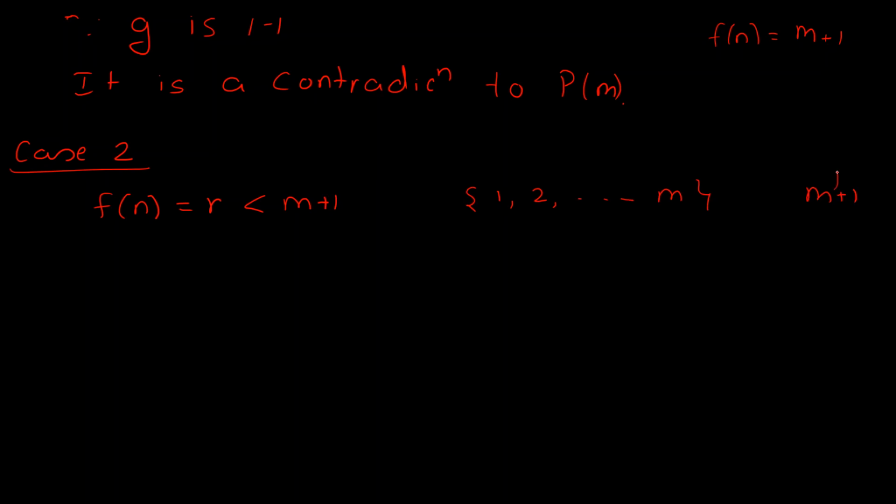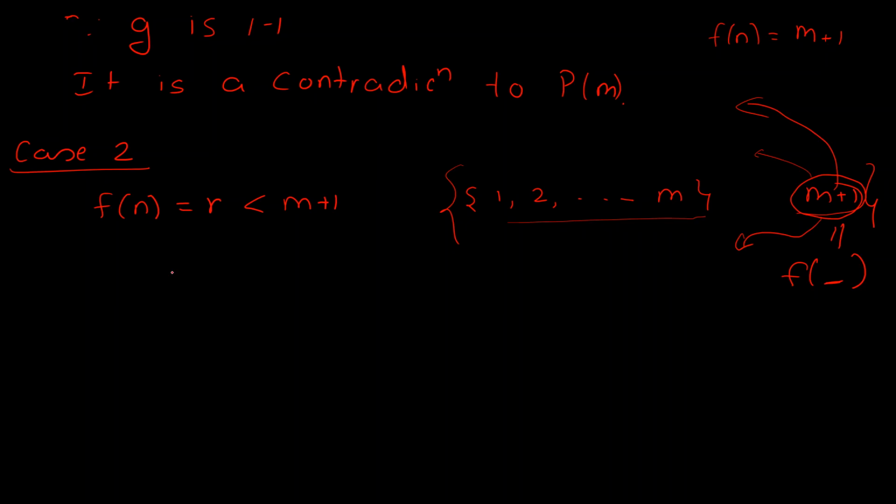The m plus 1 value has been covered in the first case. So m plus 1 should have some pre-image in the original domain, such that f of something should be equal to m plus 1.